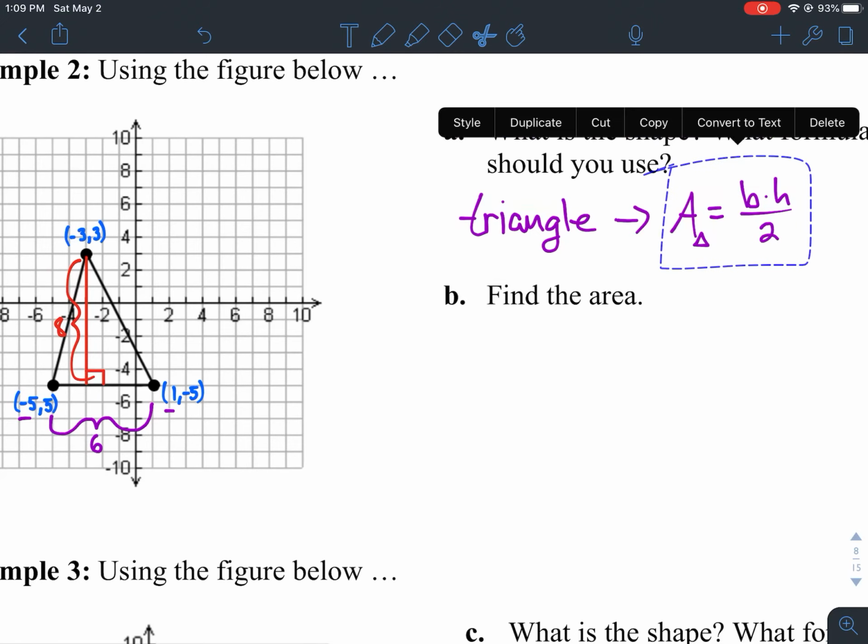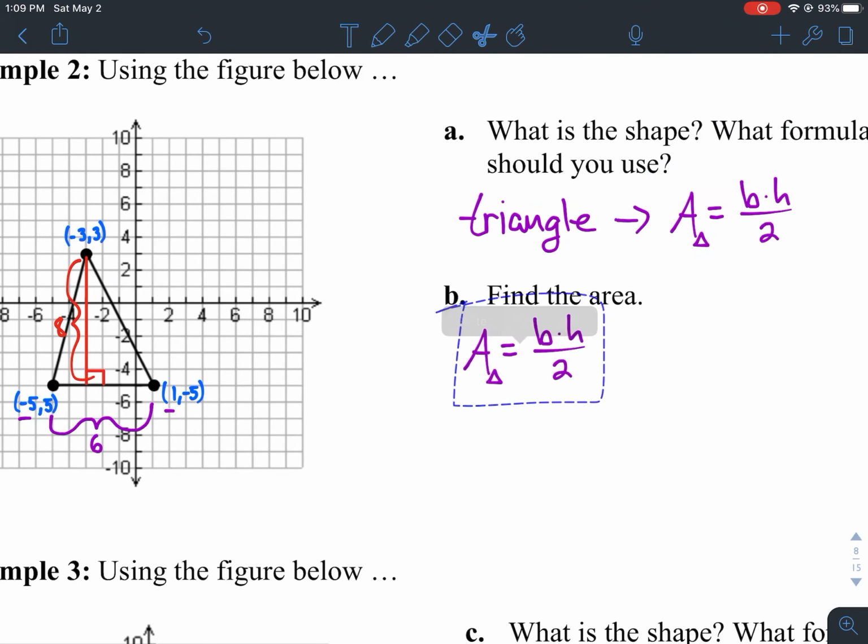So area for this triangle is base times height. Our height is 8. Our base is 6.